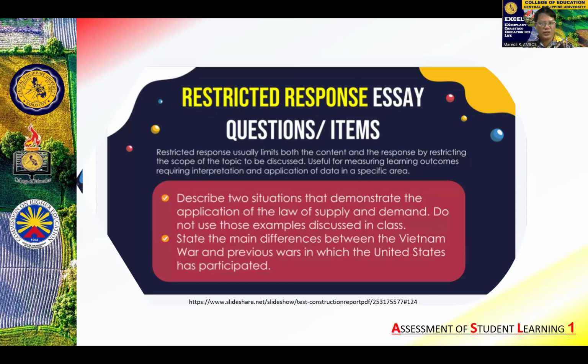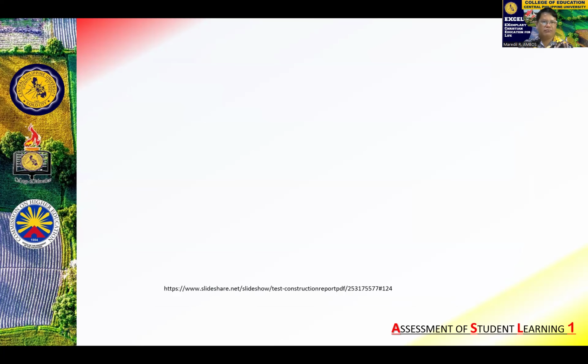Example: describe two situations that demonstrate the application of the law of supply and demand. Do not use those examples discussed in class. It's very specific, so there is a restriction there. Another: state the main differences between the Vietnam War and the previous wars in which the United States has participated.